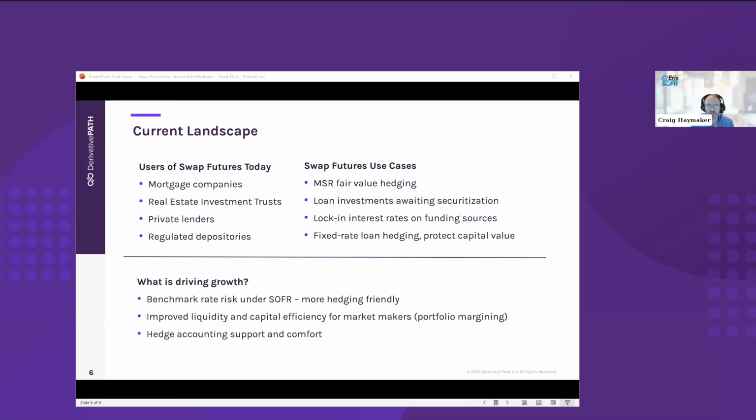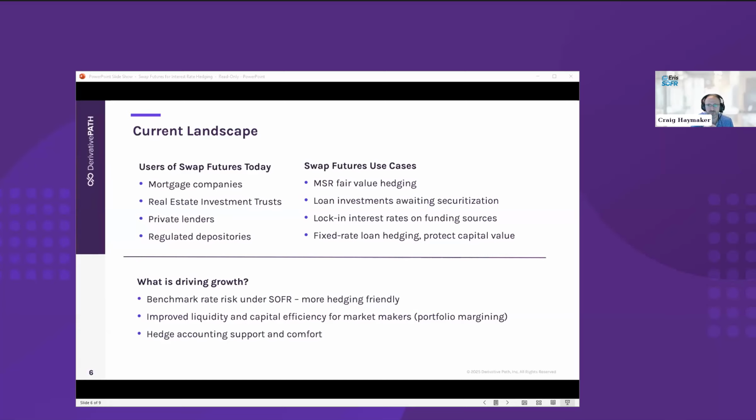Highlighting a few of these, REITs really like the margin savings, which I'll dive into a little bit deeper later on. That's been a meaningful value proposition for those entities, considering the volume of their transactions and their exposure from an interest rate risk standpoint. We could say it generically: it's really for any entity with interest rate risk exposure.